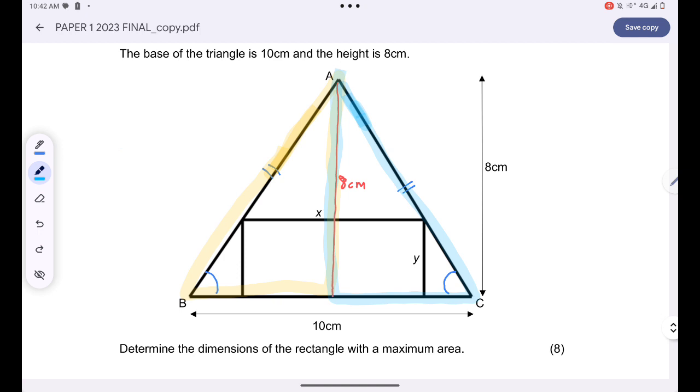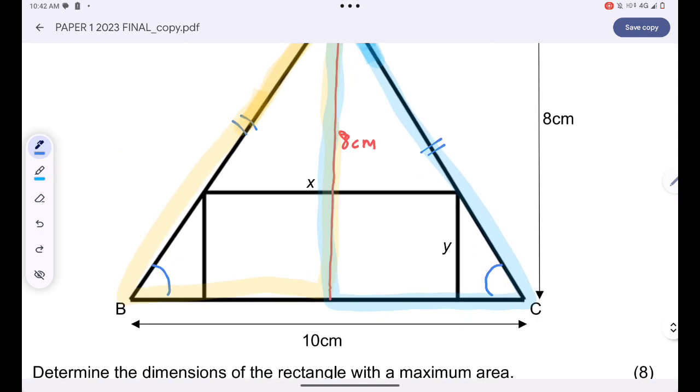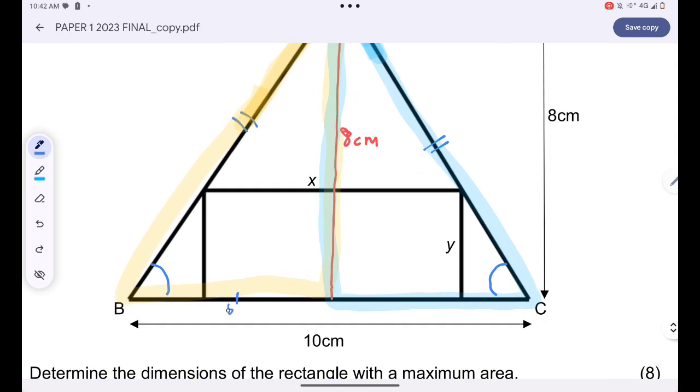Are we together? So if the two triangles are exactly the same, I can conclude that the length over here is 5 centimeters, and the length over there is also equal to 5 centimeters. Does it make sense? Okay. Also remember that we were told that the entire length is 10 and that length over there is equal to x.